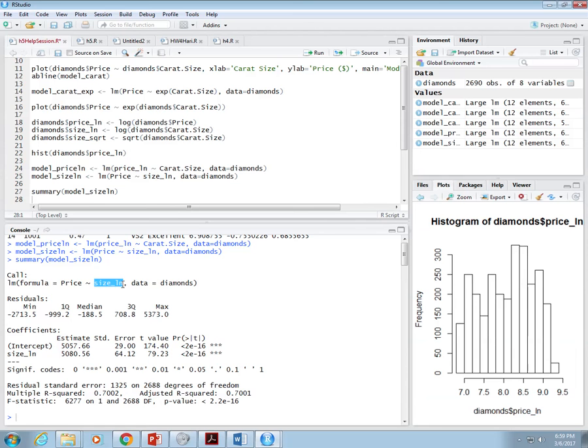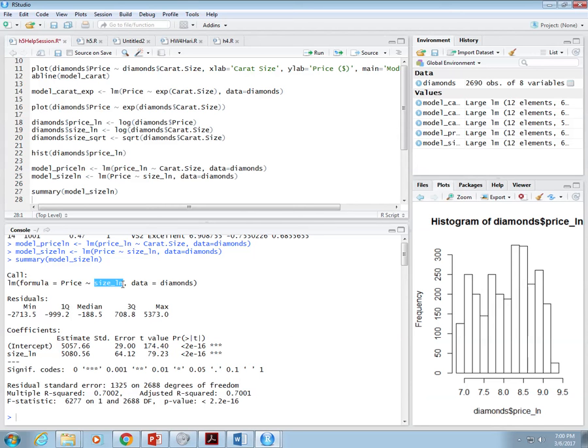So people watching this on YouTube will not be able to see me write on the board, but this predicted price is equal to some intercept plus beta 1 times the log of the size. So whenever you're plugging in for the prediction, you no longer plug in just size.